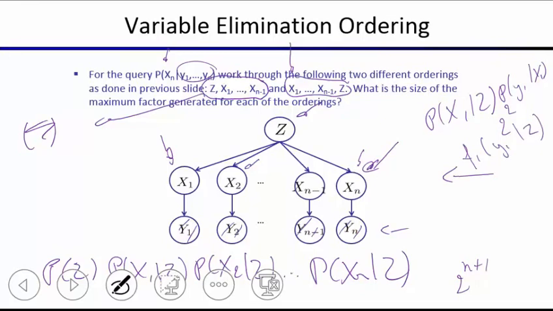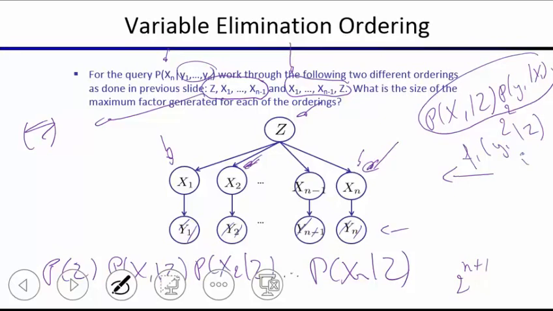If we now eliminate x2, we need to join all factors that involve x2. Which factors involve x2? This new factor does not involve x2, so no need to worry about that one for the join. Of the original factors, there will be x2 given z and y2 given x2, just like what we had for x1, with the index 1 changed into a 2.